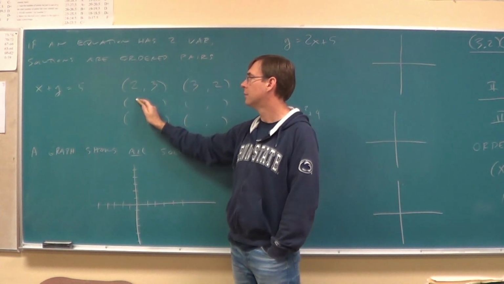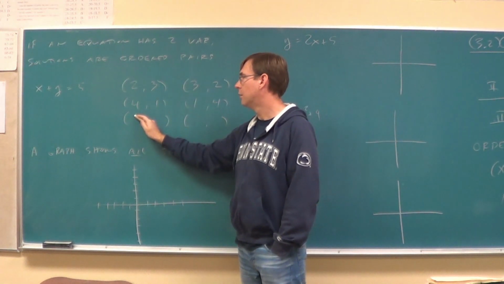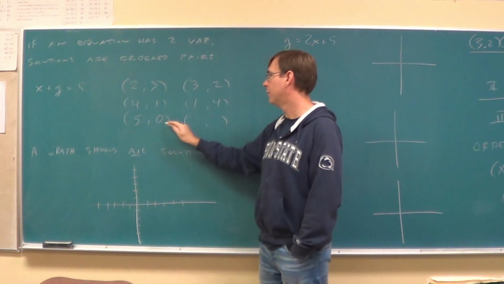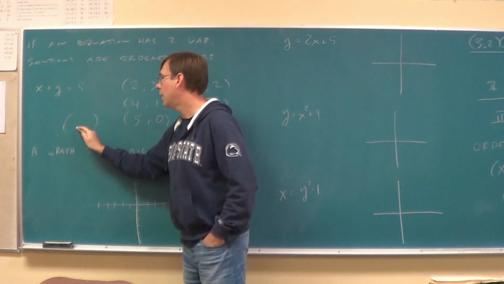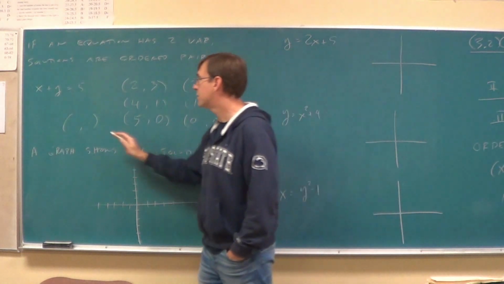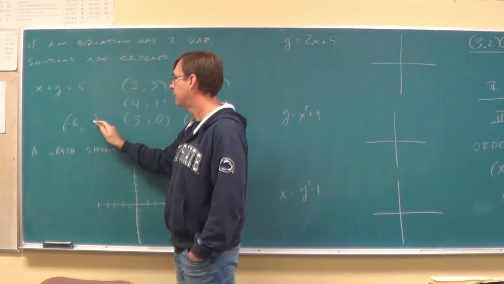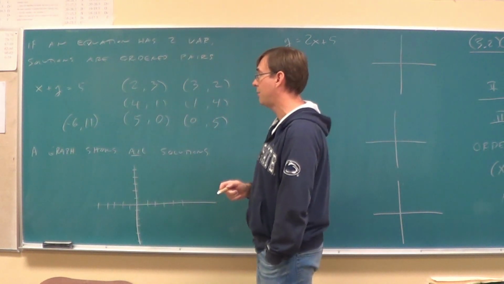Go again. (4, 1). (1, 4). (5, 0). (0, 5). Could you do one that involved a negative number? Negative 6 would have to be paired with 11 to get back up to positive 5.